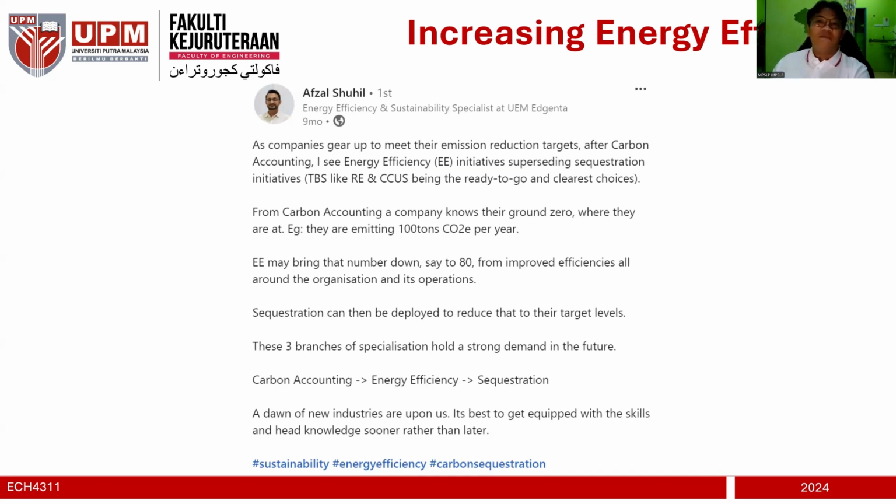Now, improving energy efficiency indirectly reduces CO2 emission, because you will probably use, for example, less fossil fuel, because your productivity is higher, is better. Then it also indirectly reduces CO2 emission.